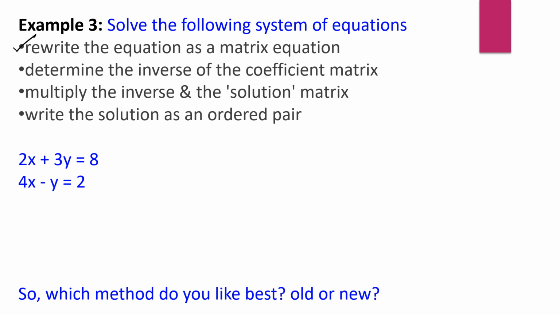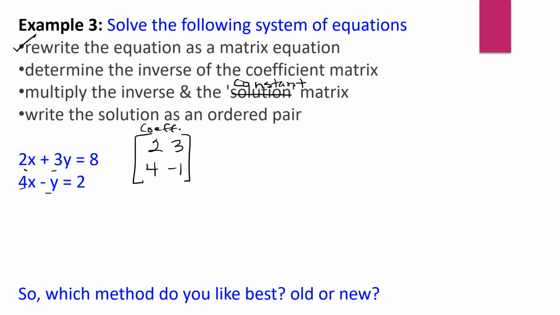Okay, I'm going to change solution matrix. That's kind of my silly word of calling it, but it really is the constant matrix because we're going to use the constants. All right, so a coefficient matrix, that means what are the numbers in front of the variables? Okay, so I have a 2x and a 3y, a 4x and a negative 1y. Those are the coefficient matrix values.